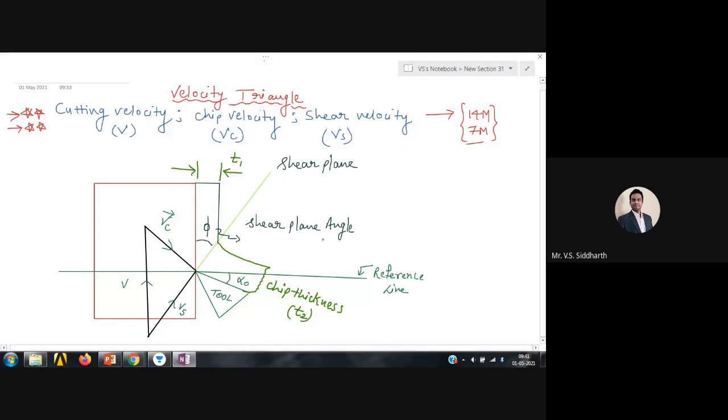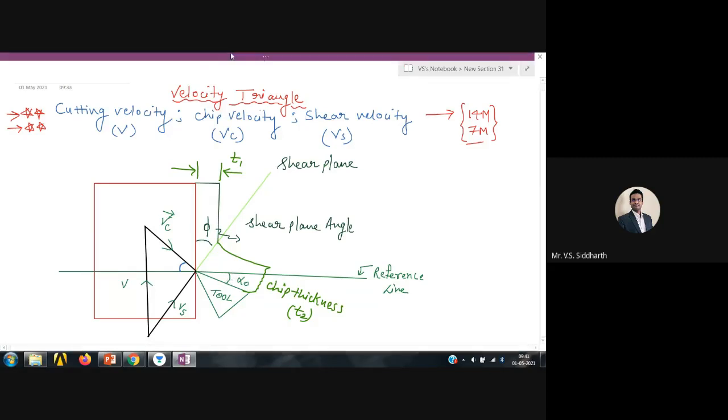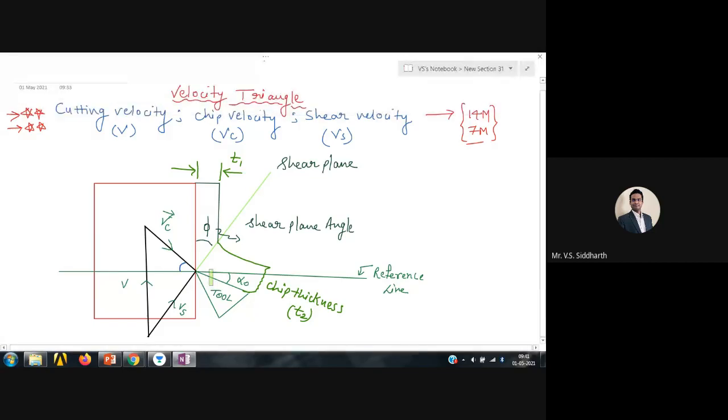Now you have to tell me, if this angle is alpha, then what is this angle? Observe and tell me.